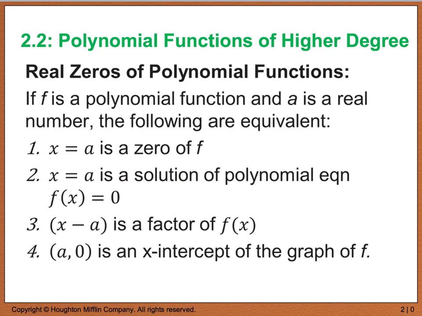We can also take the fact that when x equals a, if I want to set this whole thing equal to 0, I have to subtract my a value to get 0. Now I have a factor. So that's really what 3 is saying. It says x minus a is a factor of your function, and the coordinate point (a, 0) is an x-intercept of your graph.